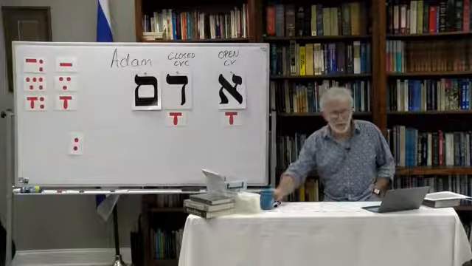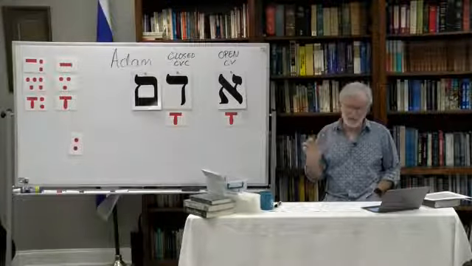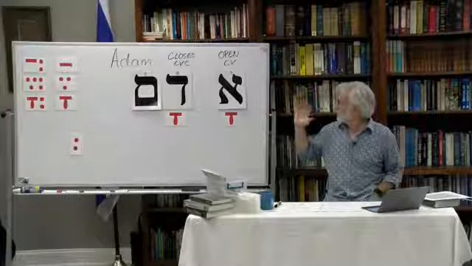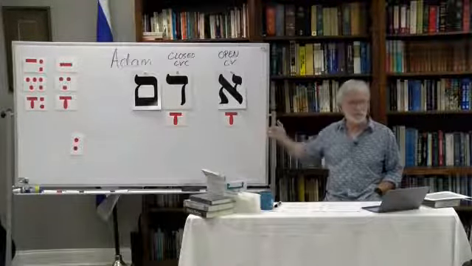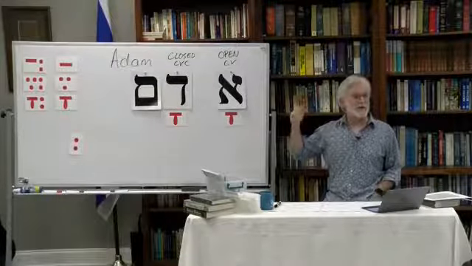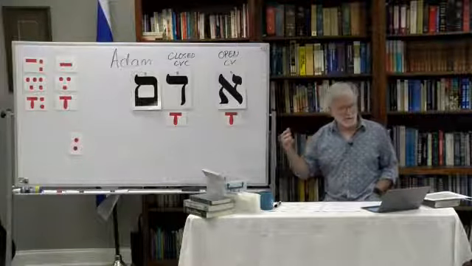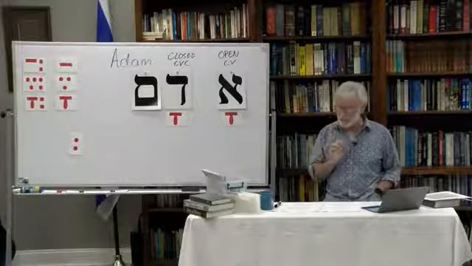That's not what I'm talking about. What I'm talking about is a stress and what particular syllable receives stress, because we're going to build on this. In other words, do you say Adam or do you say Adam with the stress on the second syllable? All this becomes very important as we work through.